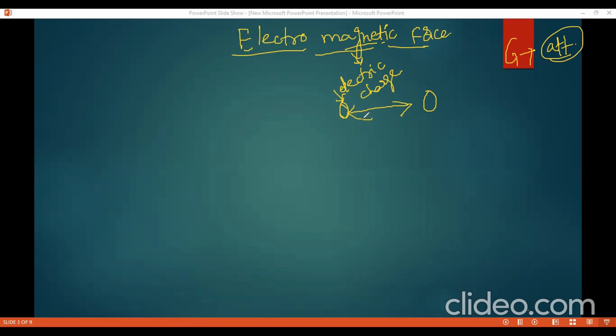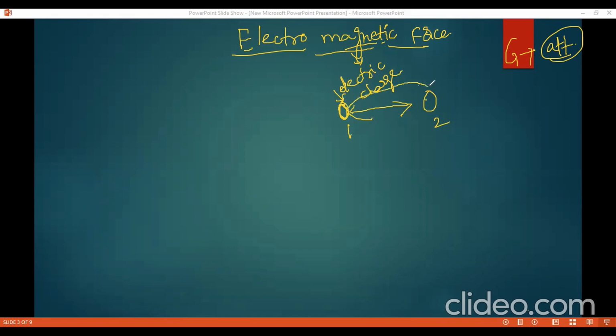How do you define it? Force exerted by one particle on another. Say this is 1 and this is 2.